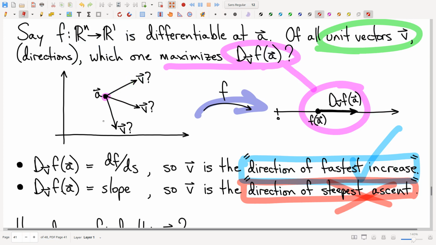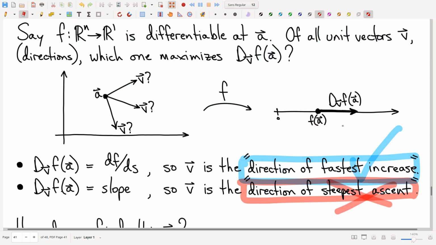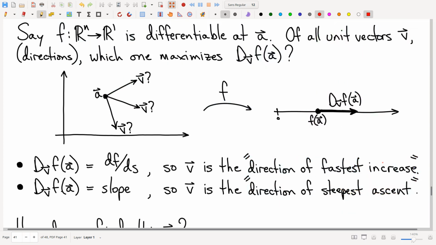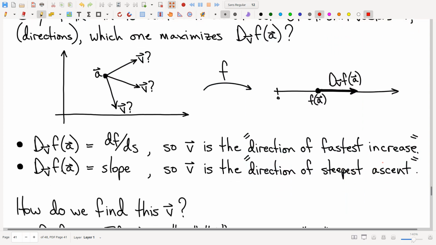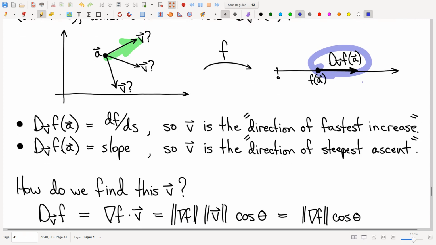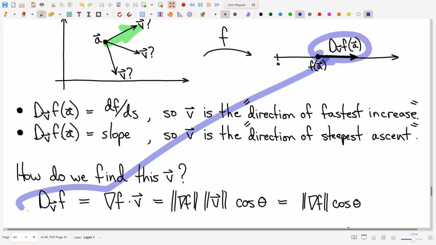All right, so let's answer the question. What is this direction of fastest increase? Whatever vector I choose, I want to make my directional derivative as big as possible. My directional derivative is computed with a dot product.